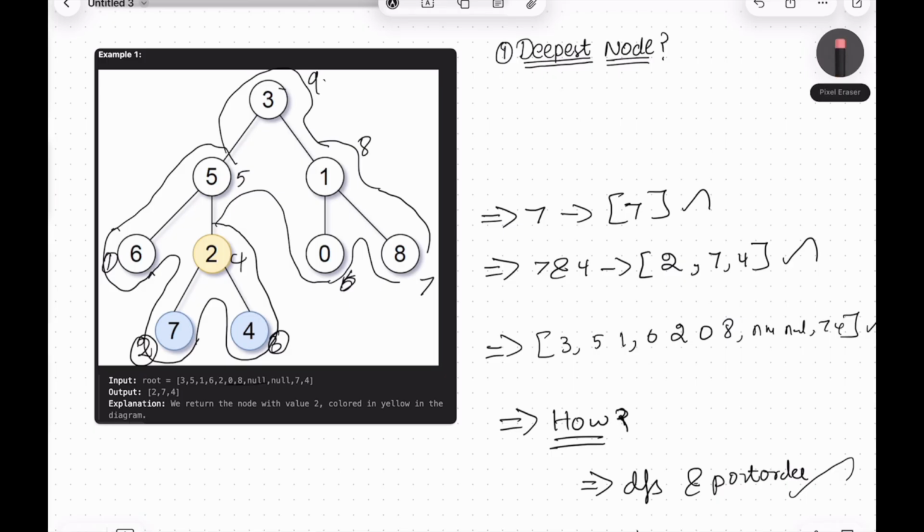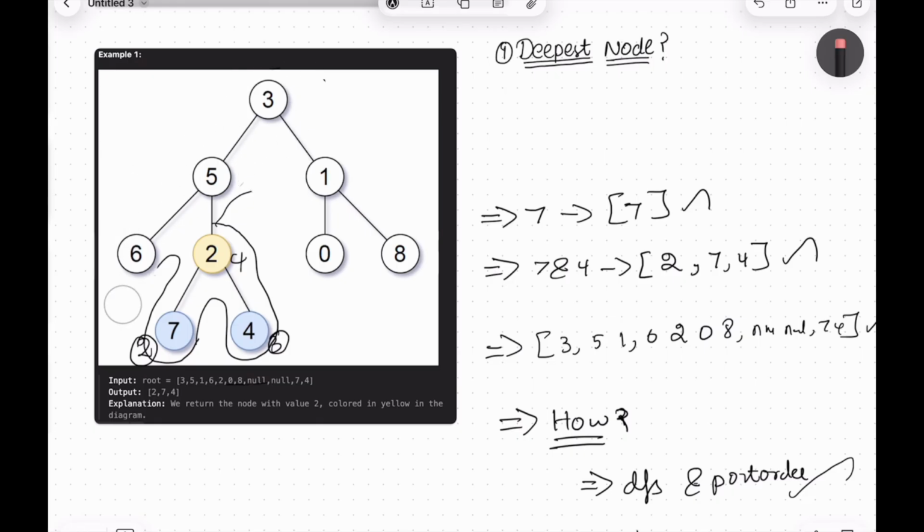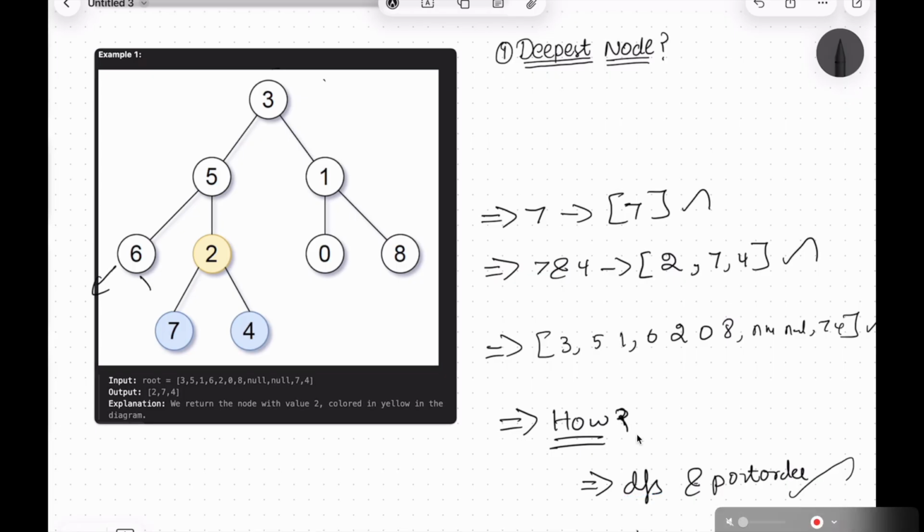So here we have to observe the pattern basically. In this node 6, from the viewpoint of 6, we have no other node present here, so this will be none and none, and this will be the base case.